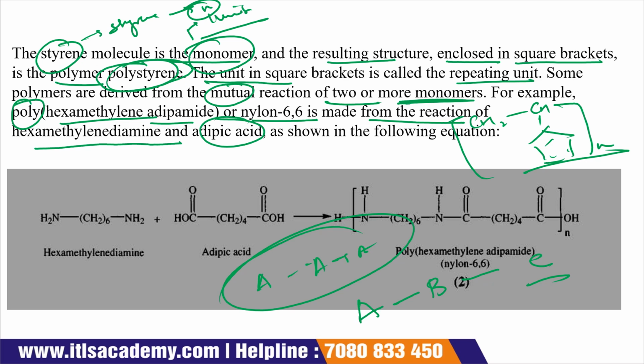Okay, here you see that hexamethylene diamine and adipic acid are the monomers. When they react together, they form a polymer, that is polyhexamethylene adipamide, nylon 6,6.